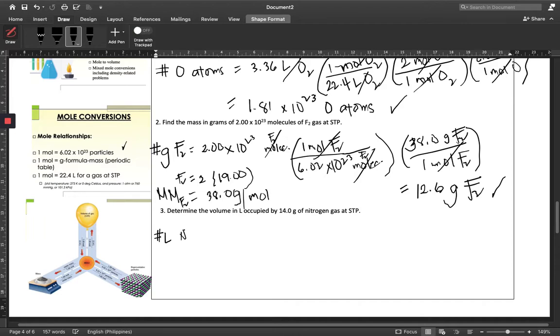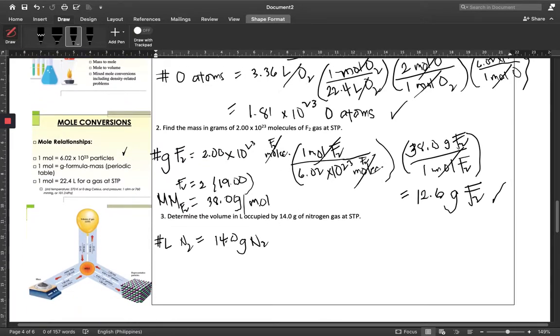Now take note that nitrogen gas exists as a diatomic molecule, so that should be N2. And then we have 14.0, which is the mass in grams of our sample. Take note that in converting to volume in liters, we need to go through the moles first.